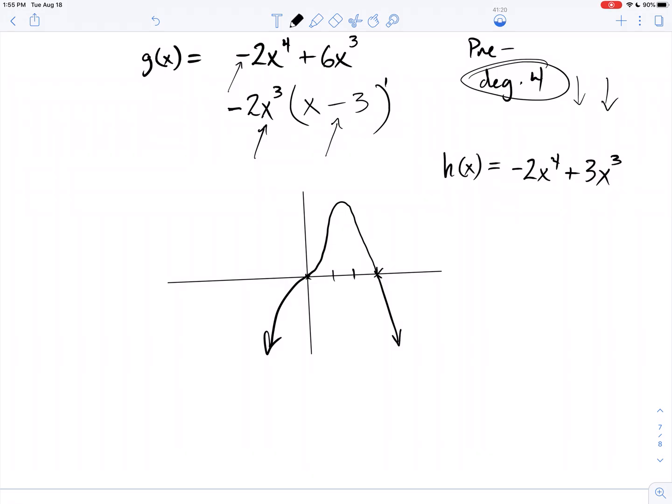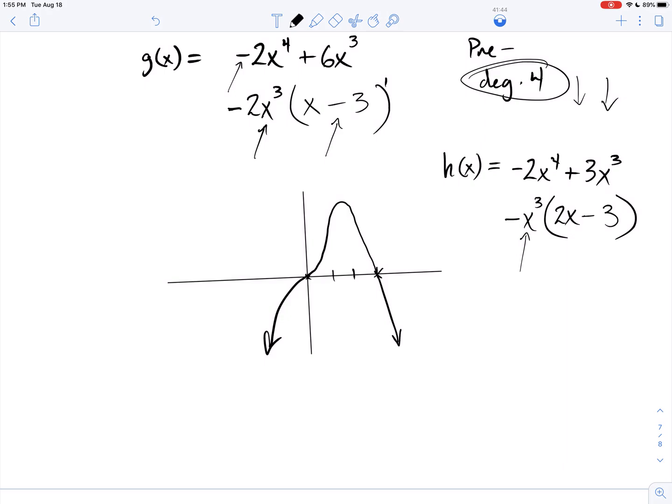Well, I can't take out a 2 now. But I could still take out a negative, and I could still take out an x cubed. That would give me 2x. What would the sign have to be here? Minus 3. Did I do that right? Take a look. Yeah, I did that part right.